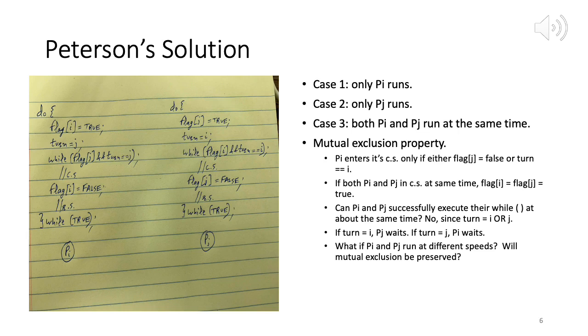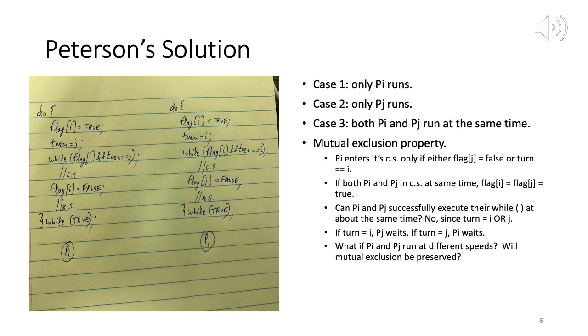Once again, it depends on what our initial values are. So let's say for flag I and flag j, both are initially false. Then when Pi is executing, flag j will be false, because Pj is not running at all, and Pi enters its critical section, no problem, gets out, sets its own flag as false, and gets out.